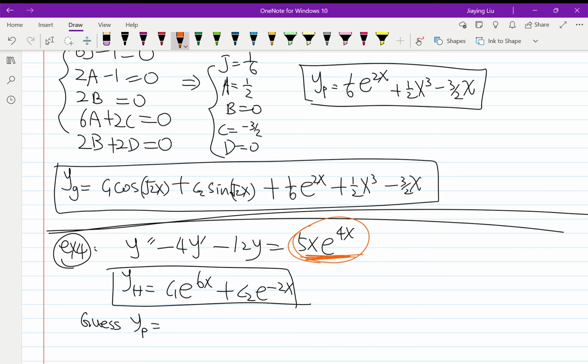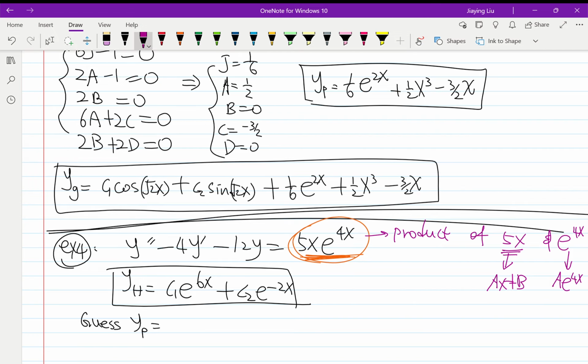So this is the product of 5x and e to the 4x. Which means when we guess a particular solution, we have to use a product of corresponding particular solutions from here. The 5x will give us ax plus b as a particular solution. The e to the 4x will give us a e to the 4x.